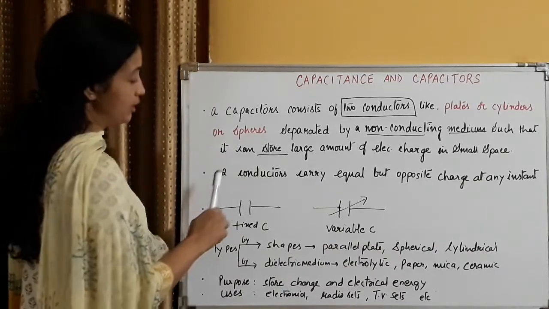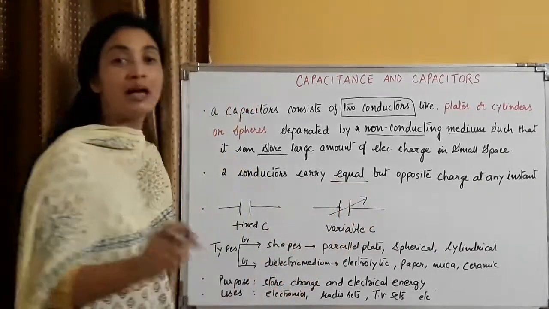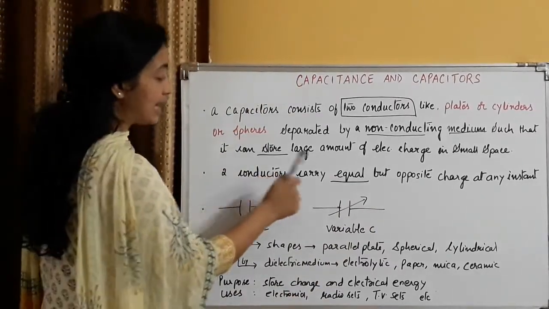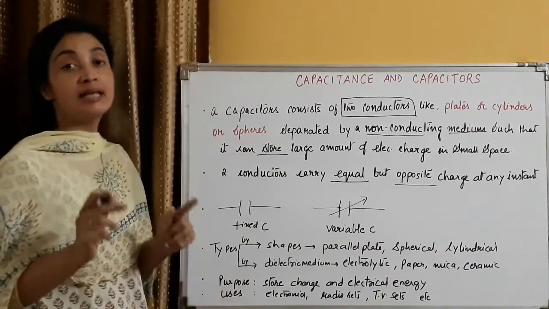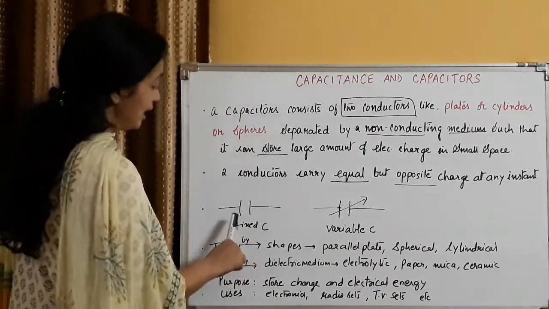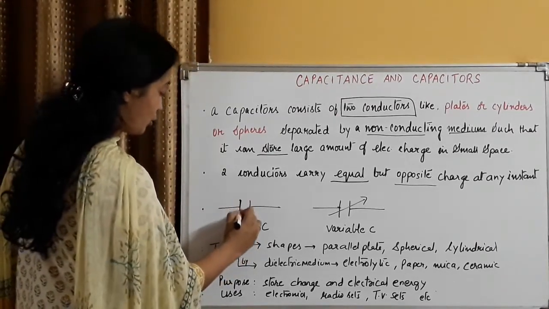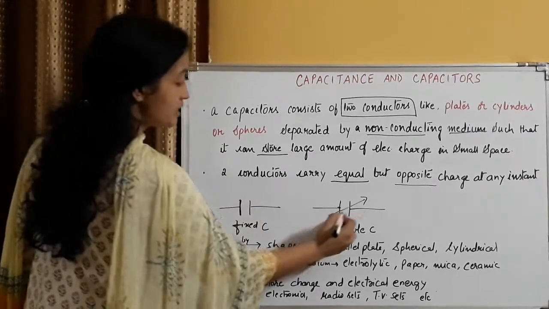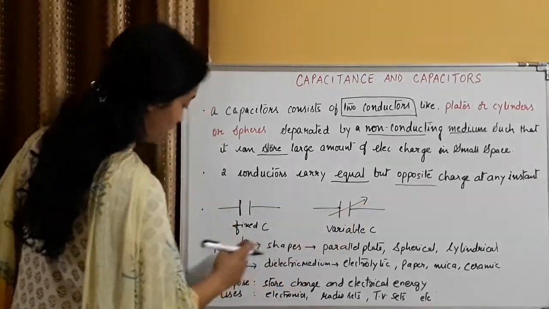Second important point, the 2 conductors carry equal but opposite charge at any instant. Then how to represent them pictorially? If it is a fixed capacitor, fixed value, then it is represented by 2 parallel lines. And if it's a variable one whose value can be changed, it is represented with an arrow in between.